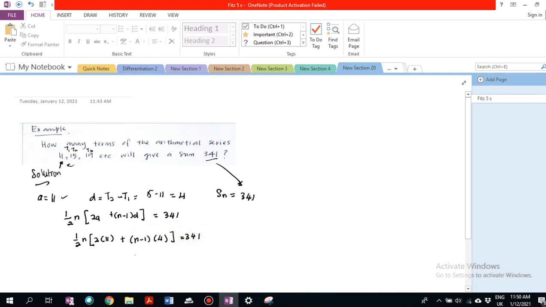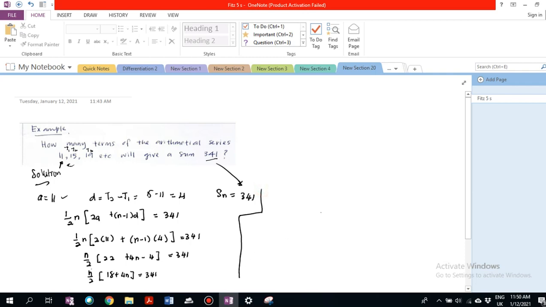Then you will get n over 2 times 22 plus 4n minus 4 is equal to 341. Then n over 2 times 18 plus 4n is equal to 341.